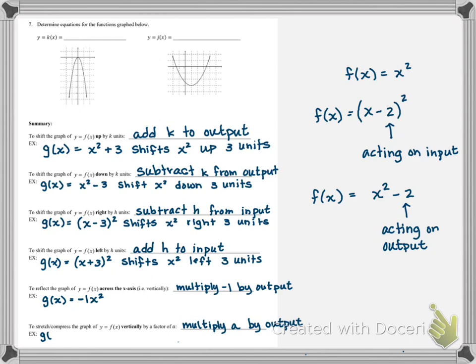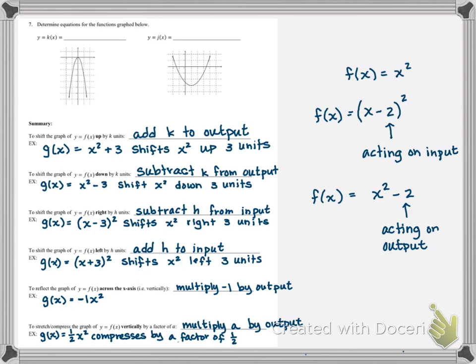So for example, g of x equals 1/2 x squared compresses by a factor of 1/2.